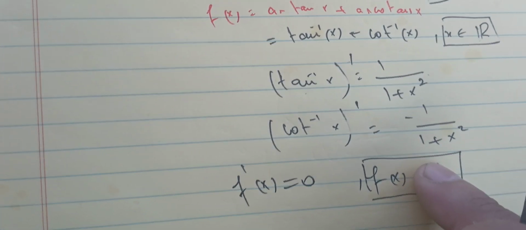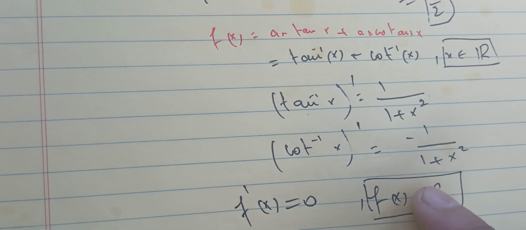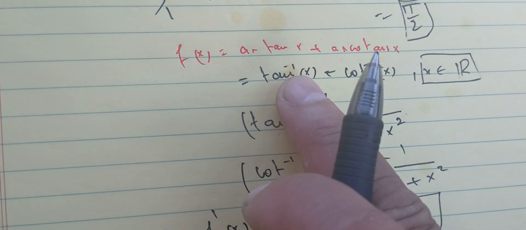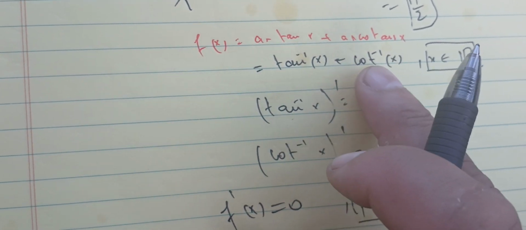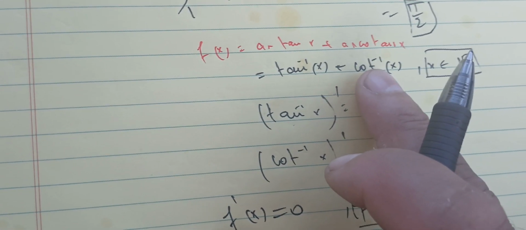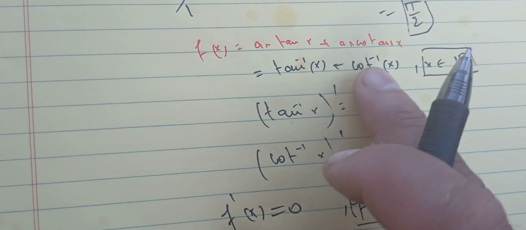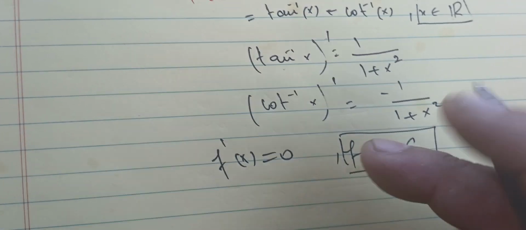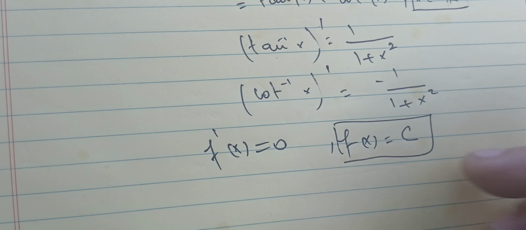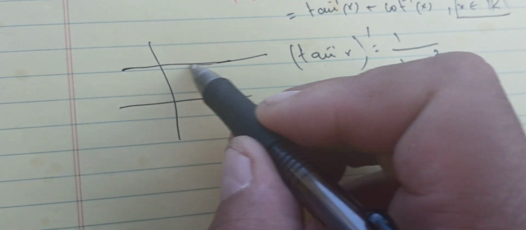To get this constant, we can find a specific value that works for us, and we find c. Here we can plug in 0. We know the arctangent of 0 is 0, but the arccotangent of 0 is pi over 2. So 0 plus pi over 2, and therefore we have pi over 2. If it is constant for one x, it's constant for any x. Remember that you have a constant function that looks like this.